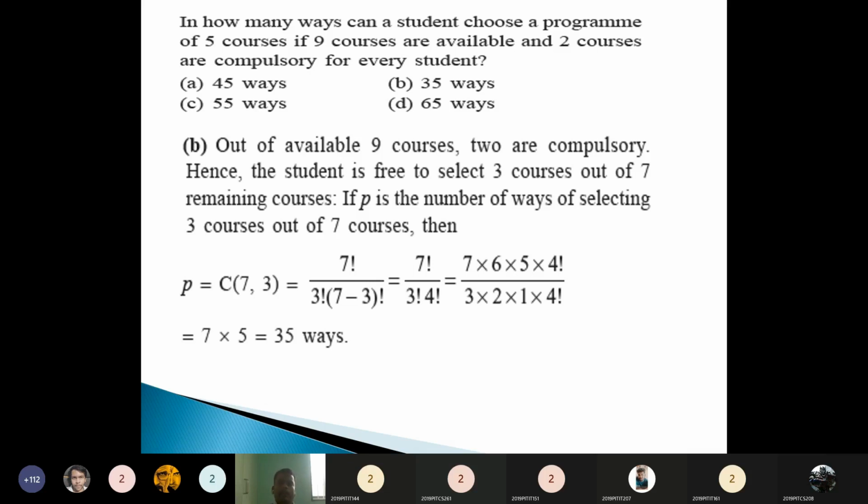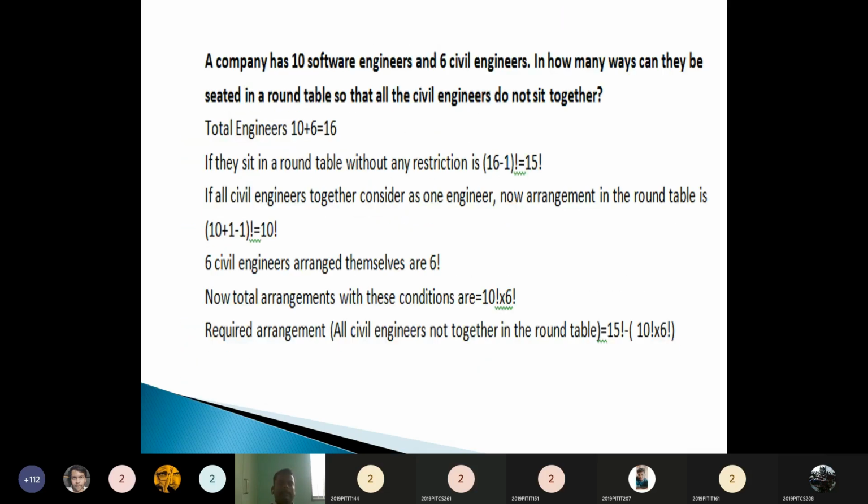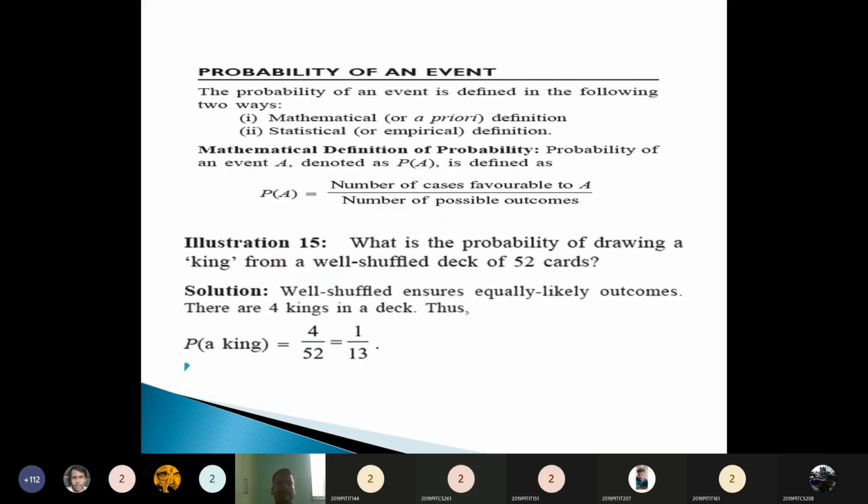Okay, we'll move on to the probability concept. We solved so many problems. Some of the problems you can refer to in the R.S. Agarwal aptitude book, and other books and questions are also available on the net.